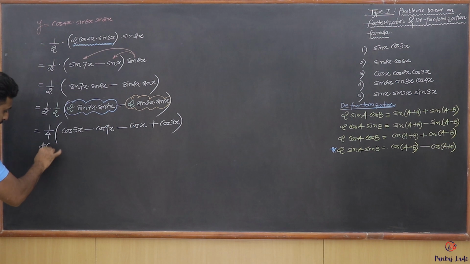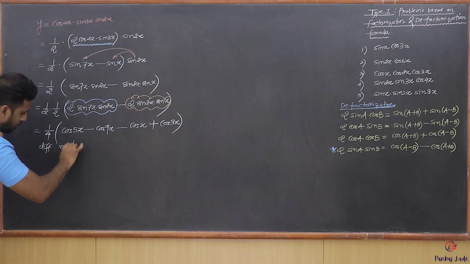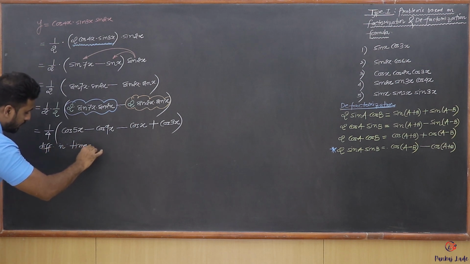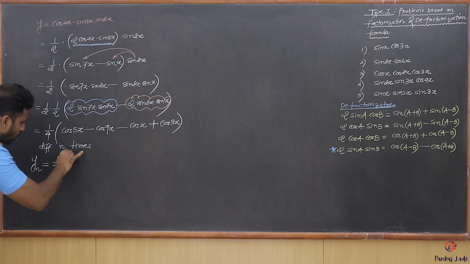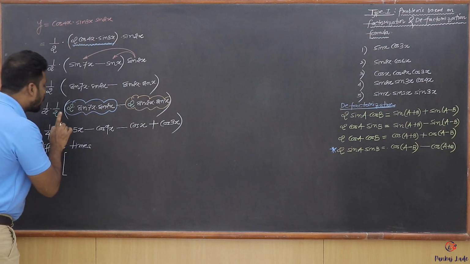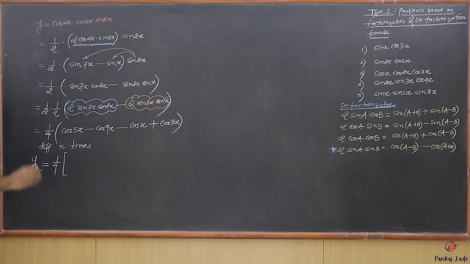So I can say here, differentiate n times. I get y_n is equal to, so nothing happens to the 1 by 4, it's a constant. A constant term always goes outside the derivative, whatever number of times you differentiate. So here I'm differentiating n number of times, so the constant 1 upon 4 is going to go outside. And then look at the first term, it is cos(ax plus b), b is 0, a is 5.